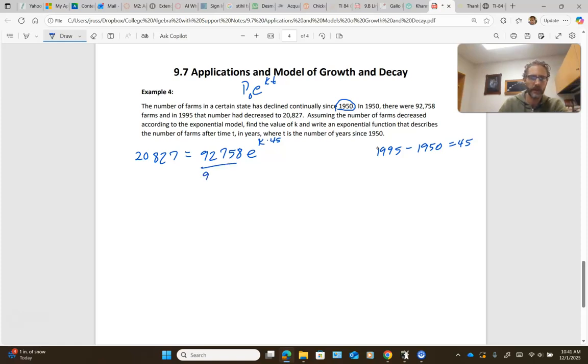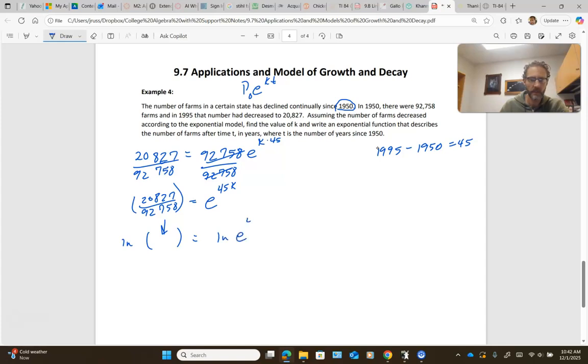We start out by dividing both sides by that initial number of farms. Okay, so we divide out, we're left with e. Now I'll turn those two factors around. Again, I'll treat this like it's just one number here, because I want to do my dividing at the very end. And then I'll take the natural log of both sides.